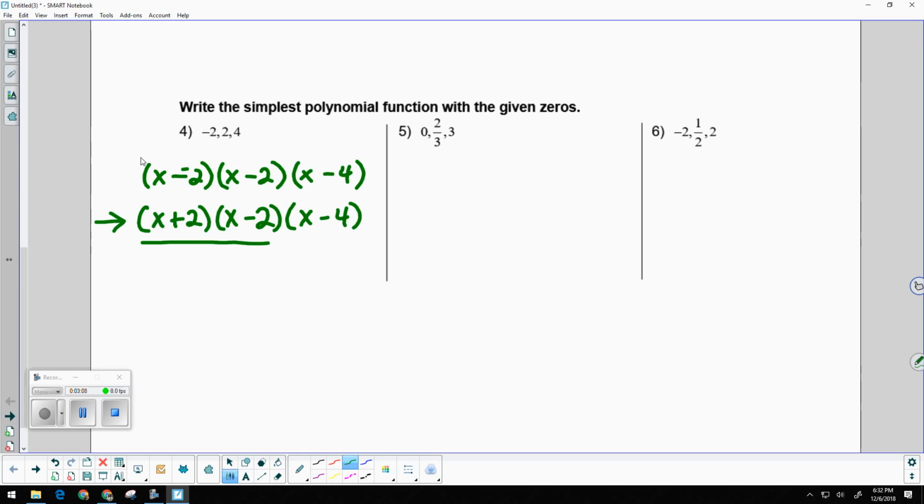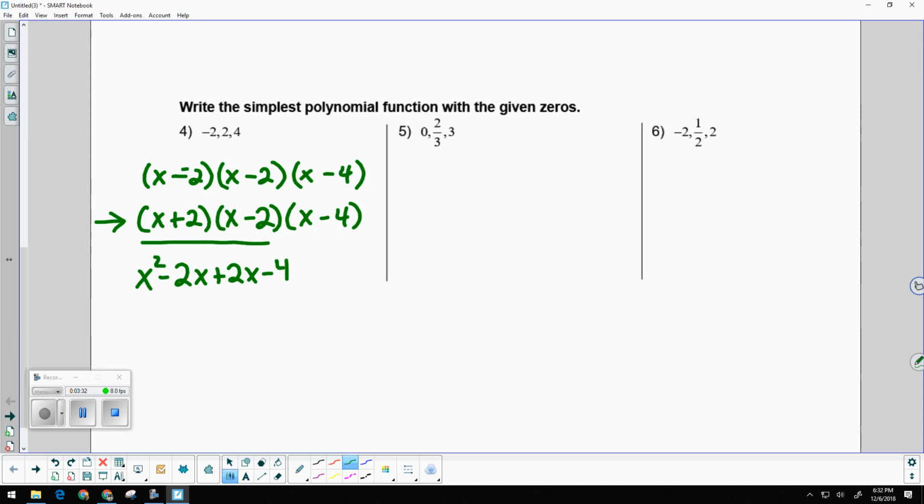I'm going to ignore that for a few minutes. If I FOIL those two together, first times first is x squared, outside times outside is -2x, inside times inside is +2x, last times last is -4.